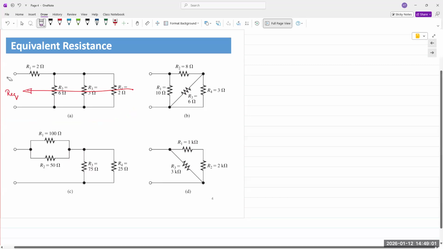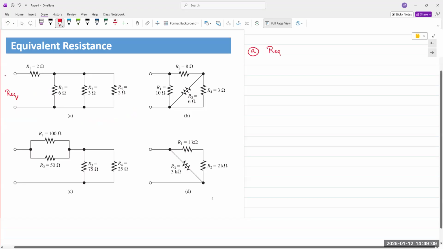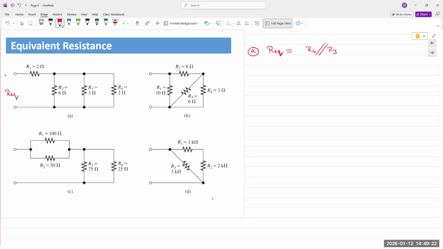So in this case, if I start at the far end, I can write Req is R4 in parallel with R3.